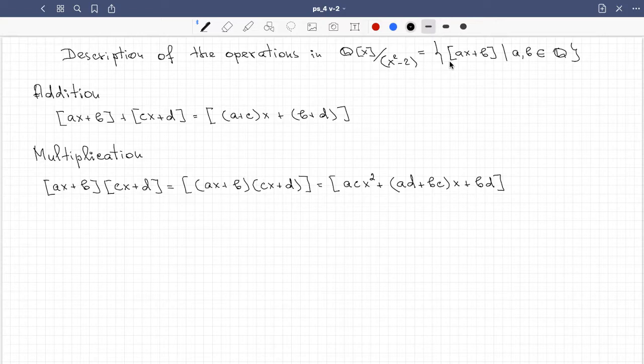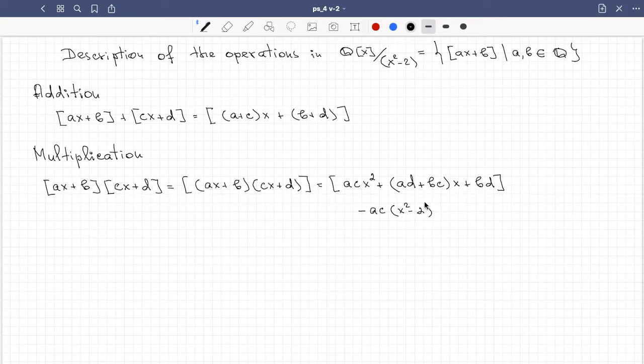Well, basically, it is long division. We subtract from this polynomial ac times x squared minus 2. With this subtraction, we don't change the class. We are still in the same class.